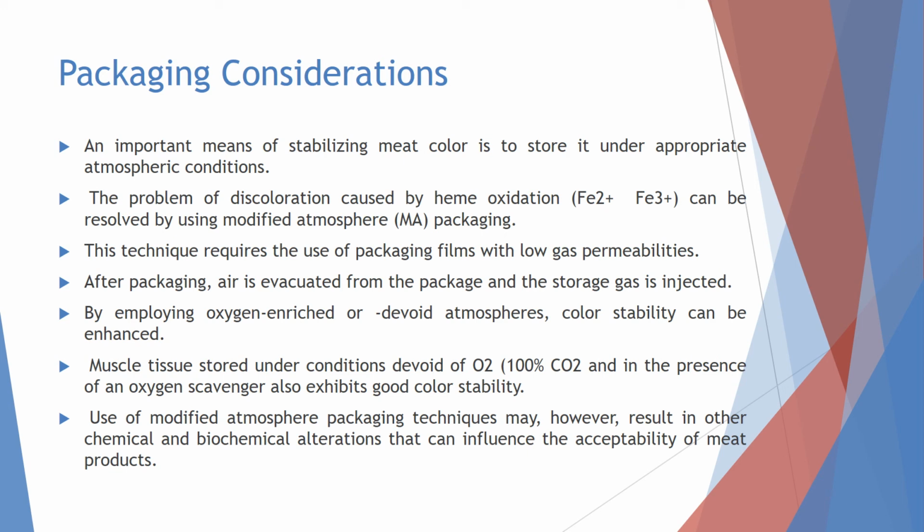The problem of discoloration caused by heme oxidation, as we talked about earlier in the oxidation process, can be resolved by using modified atmosphere packaging. So we can prevent the formation of metmyoglobin, which is formed by the oxidation of myoglobin, using modified atmosphere packaging. This technique requires a packaging film with low gas permeability.